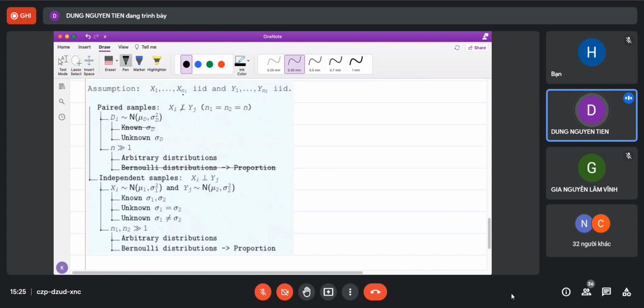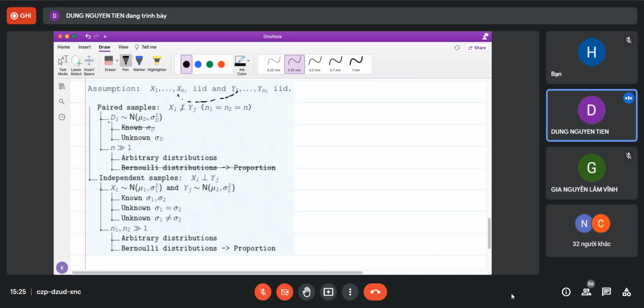In the first group, there are n1 observations. In the second group, there are n2 observations. The observations in each group are independent. So X1, X2, ..., Xn1 are independent, and Y1, Y2, ..., Yn2 are independent. But how about these two groups? You don't know.